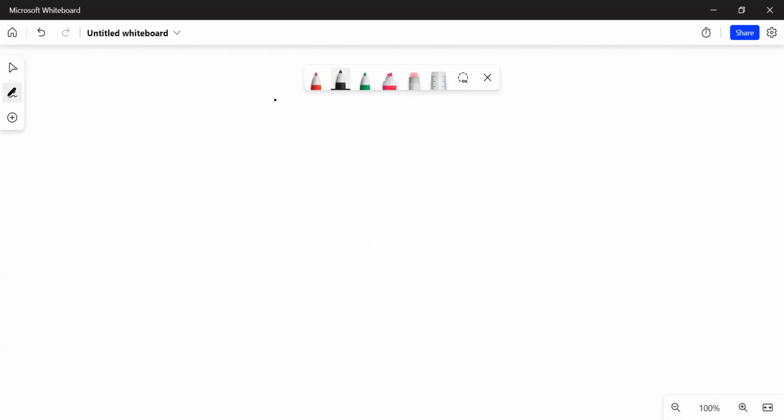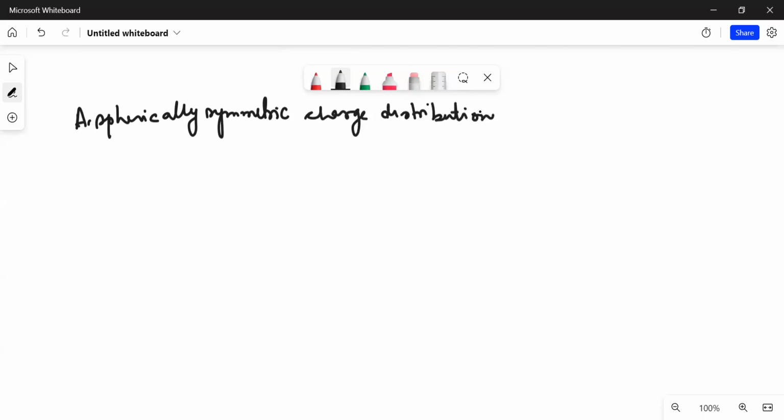So let us take one idea from an ISc PhD question, and I will write it for you. For example, a spherically symmetric charge distribution, rho(r), has a net charge of zero.